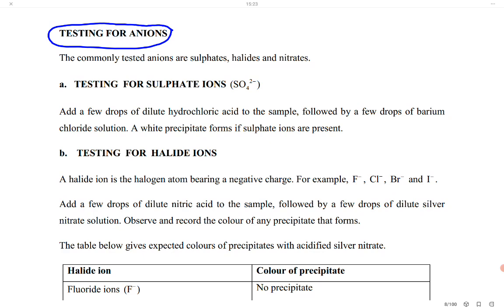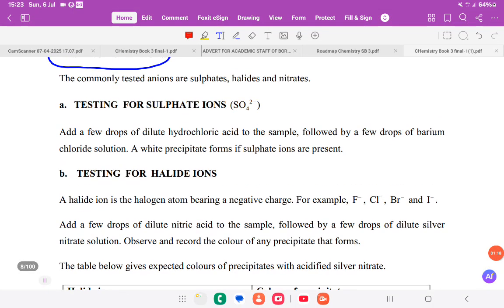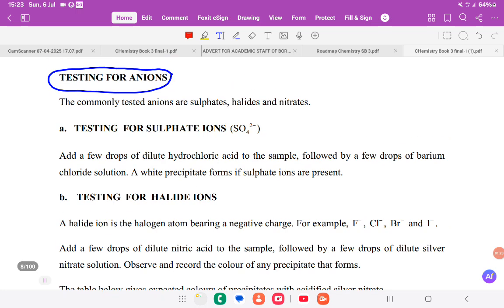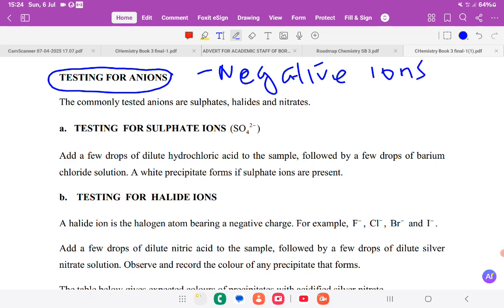All right, so welcome to how you can detect the presence of anions. And remember that anions are negative ions.